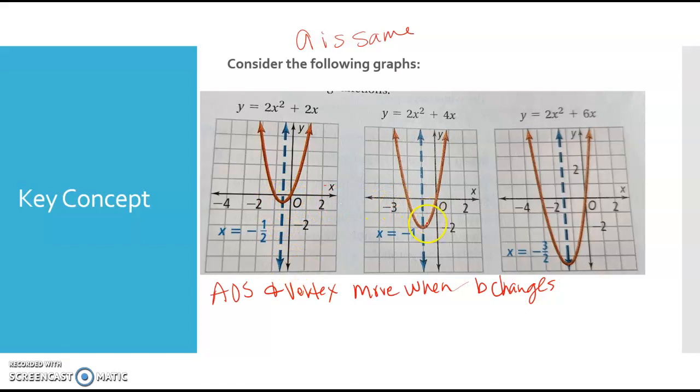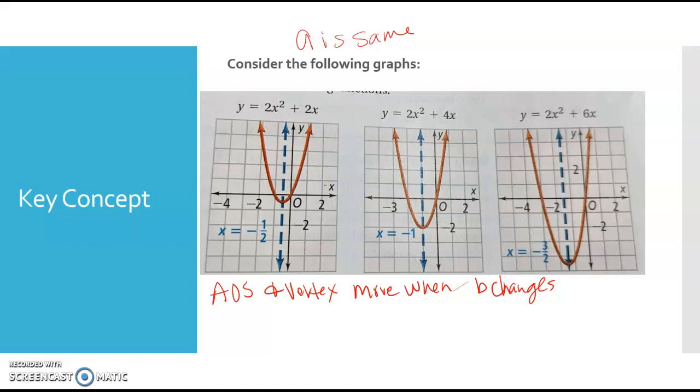When my b is 4, we've gone over and down. And when my b is 6, we've gone over even more and down quite a bit. And so our axis of symmetry, this blue dashed line, x equals -1, x equals -3/2, etc., that is our axis of symmetry.